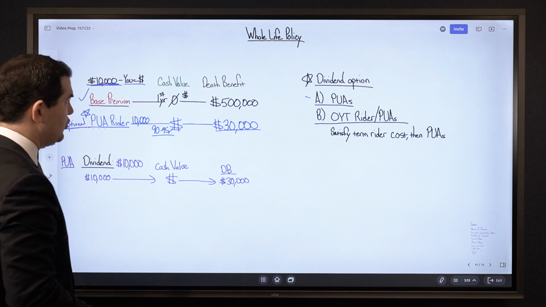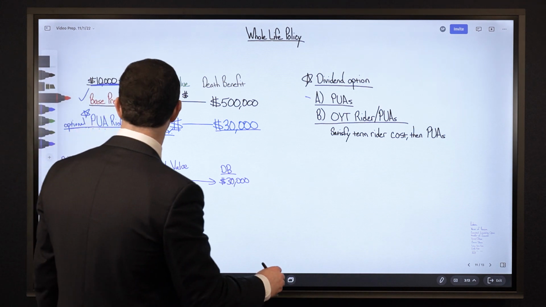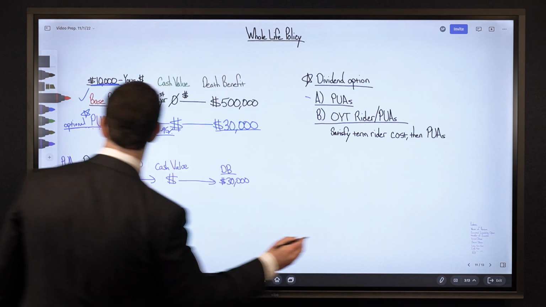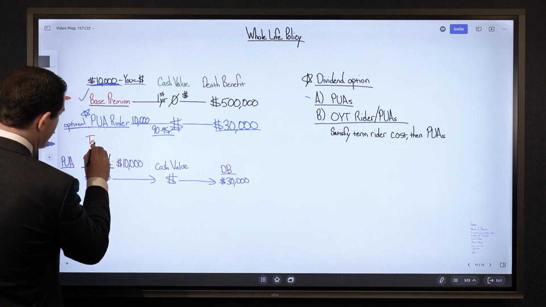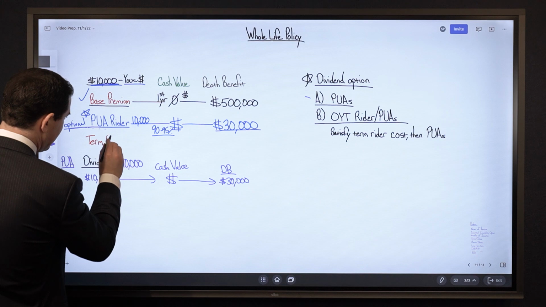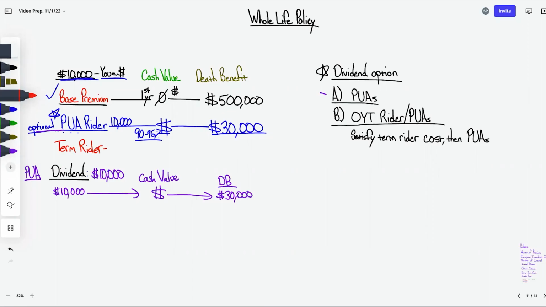So let's assume that I have a policy with a term rider attached, be a OYT, 1-year term insurance rider, but the cost of that is $1,000. So what will happen in this case will be very similar.